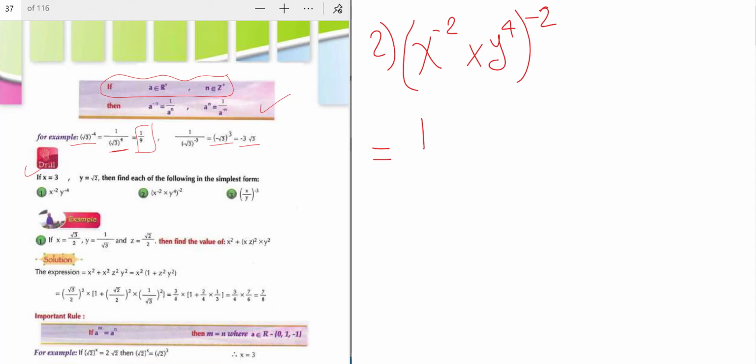Times y power 4. It becomes y power 4 over x power 2, all power negative 2.